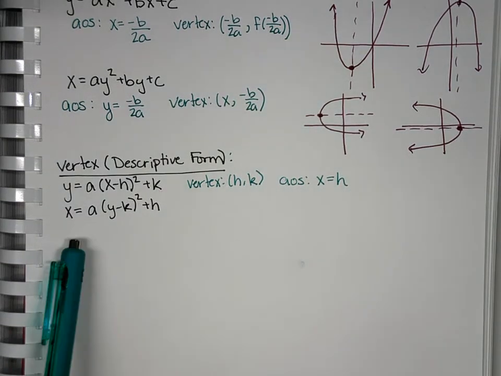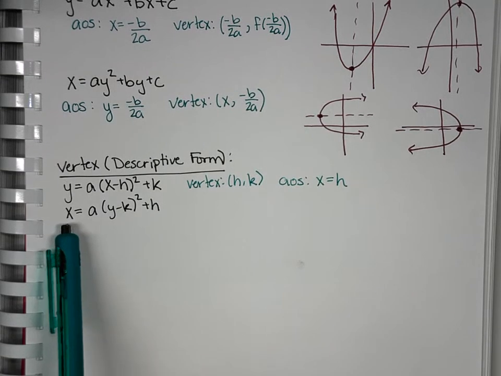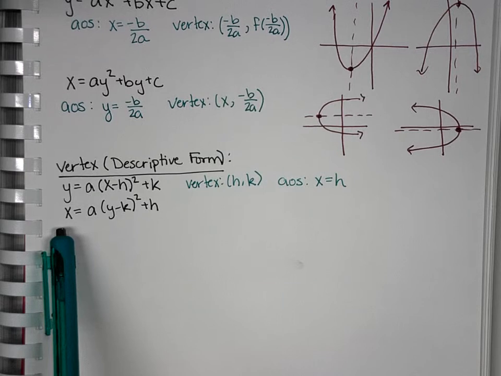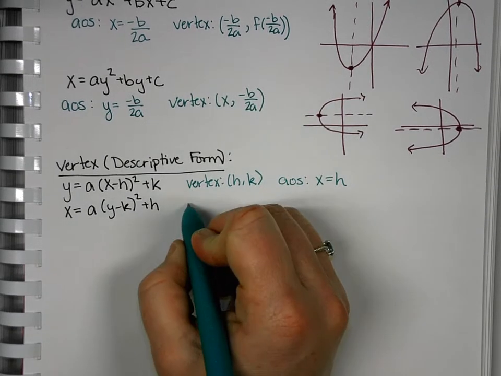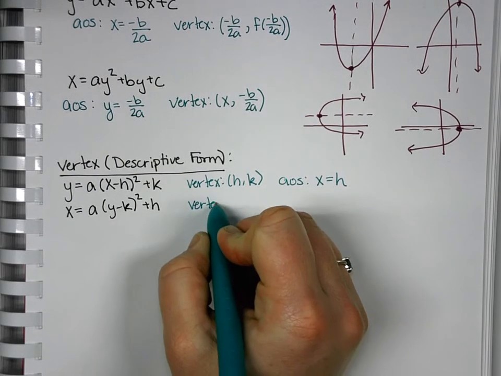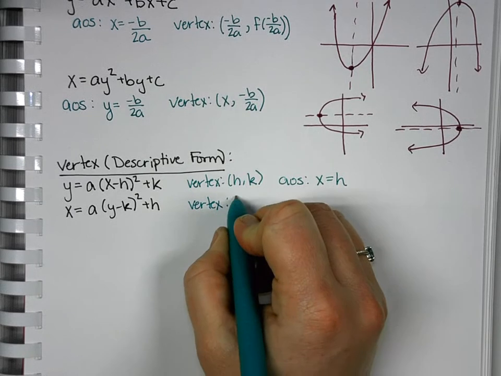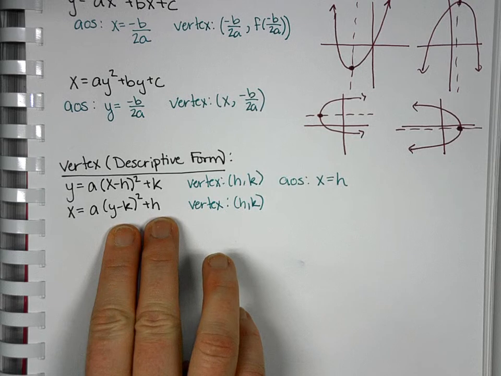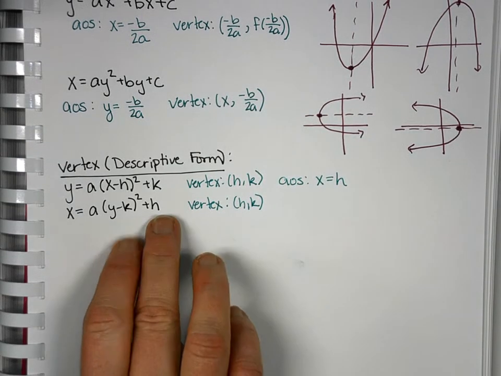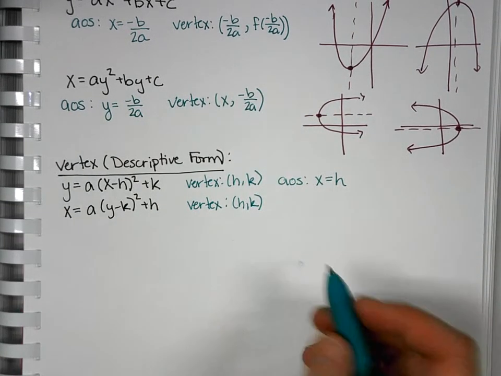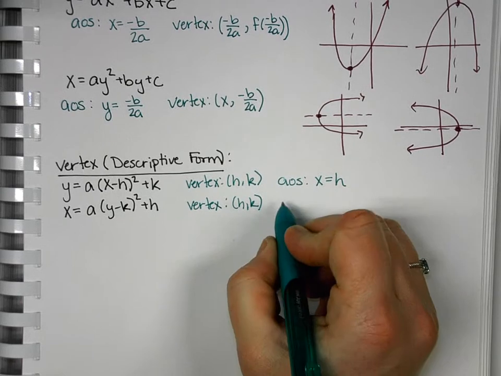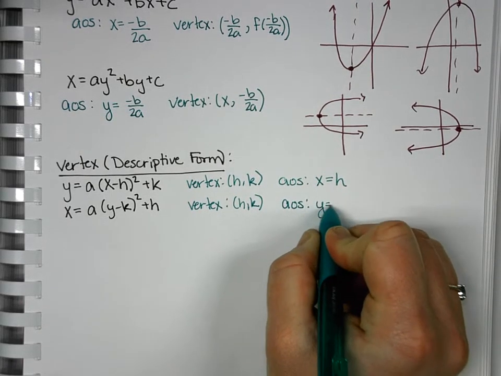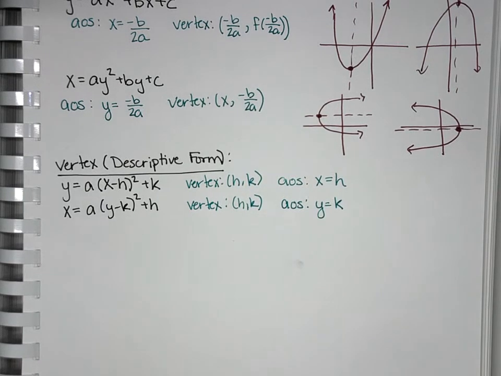For the horizontal, and that's still the same in how we tell if it's a y equals or an x equals. Y equals is vertical, x equals is horizontal. Our vertex is still HK, but notice how h and k are switched. So k is with y, h is now in the y spot. Okay, but it's still hk. And your axis of symmetry is now the horizontal line, y equals k.